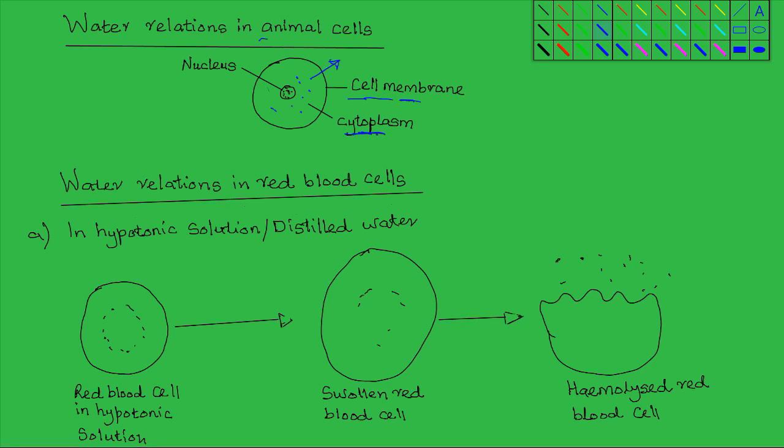We're going to start by looking at the behavior of the red blood cells when placed in hypotonic solution or distilled water. Now, hypotonic solution means that the solution has a higher water concentration compared to the cytoplasm within the red blood cells.